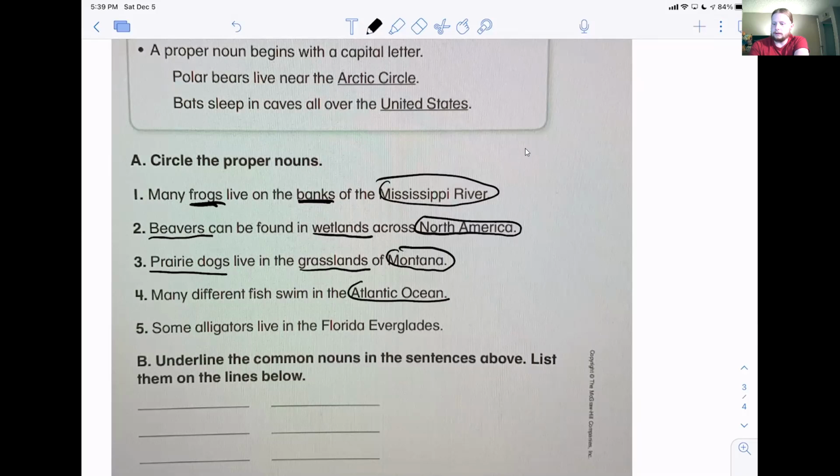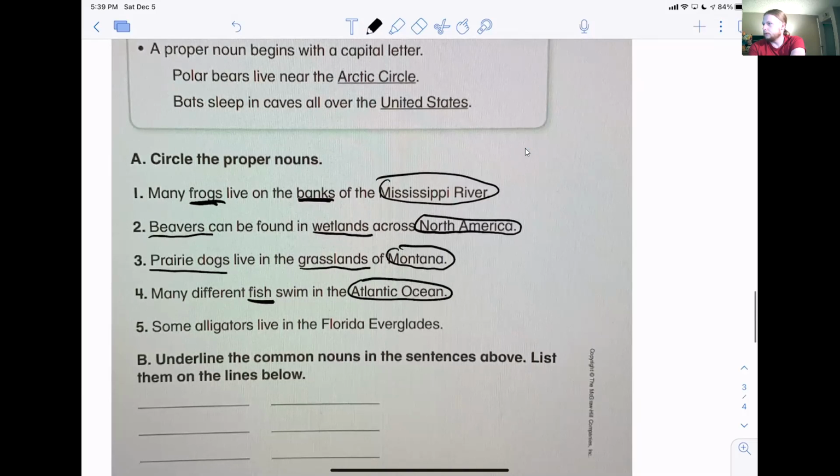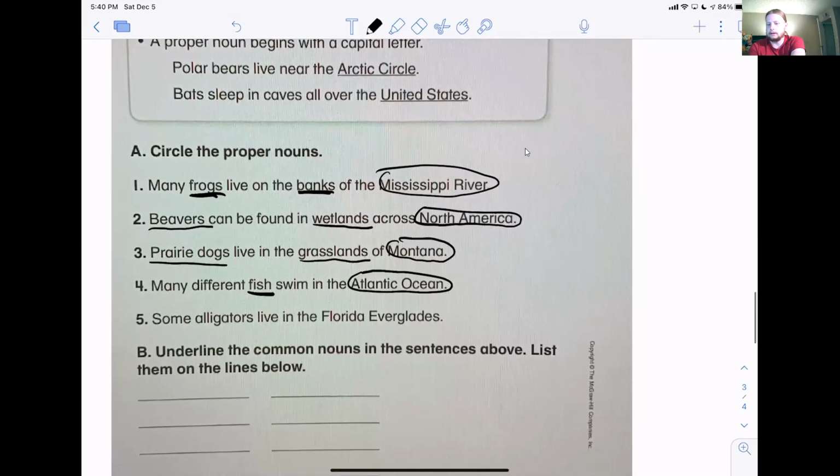Atlantic Ocean is our special place, our proper noun, because it's a specific ocean. If we just had the word ocean, then it would be a common noun. Now, fish. There's many different types of fish. No special types of fish, so that one's just a common one. And that was the only one in there besides Atlantic Ocean.